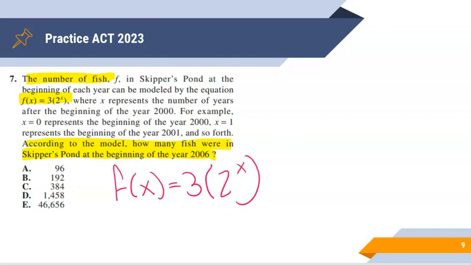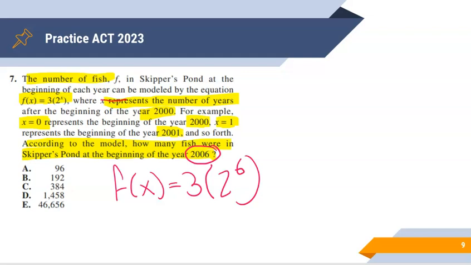And then they tell us x represents the number of years after 2000. For example, when x equals 0, that's the year 2000. X equals 1 is 2001. So if I'm looking at 2006, that means that the x is going to be a 6.